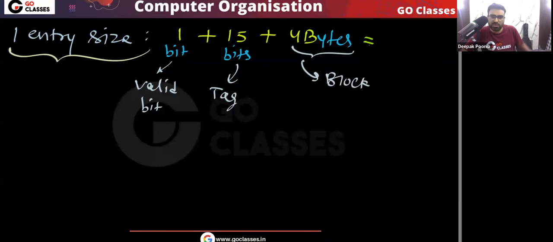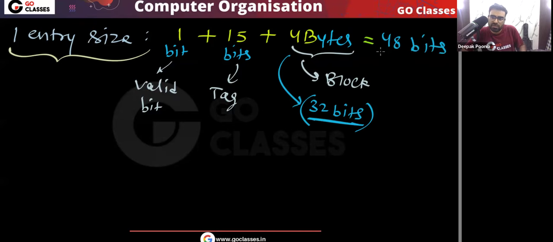Okay, so you tell me, what is the one entry size? The data part is 4 bytes. That means 4 into 8, since 1 byte equals 8 bits. So that is 32 bits, right? Yes or no? 32 bits. So I can say 32 plus 16, that will be 48 bits in total. And if you divide by 8, that will be 6 bytes. Now I can say what is the total cache memory size, including the tag directory size and data array size.